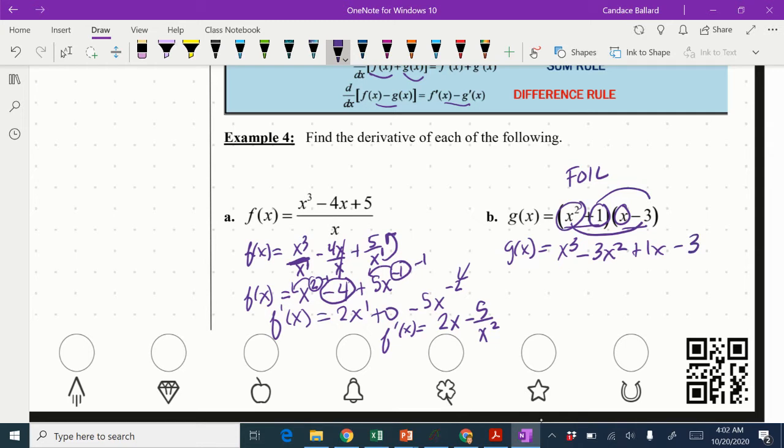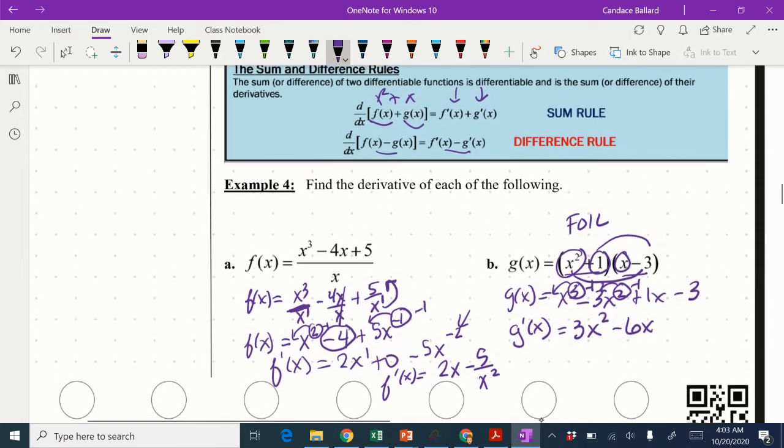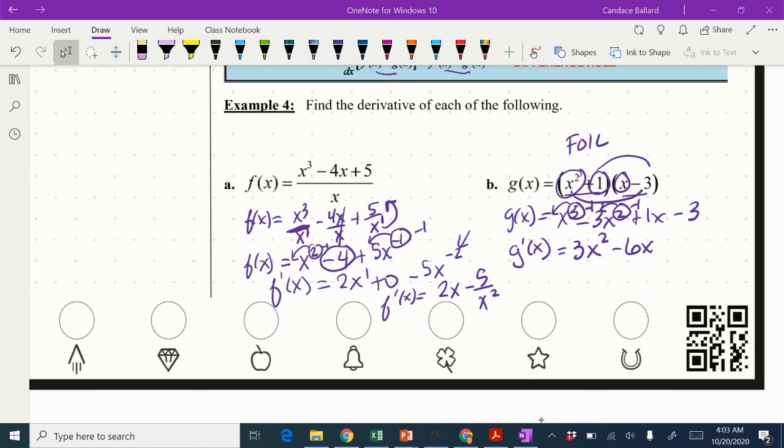There's nothing for me to even combine together, so I'm just going to go ahead and take that derivative. So this cubed is going to come out front. The exponent comes out front, and I subtract 1. So I get 3x squared. This exponent here comes out front, so we've got negative 6x, and I subtract 1. And then I take the derivative of this.